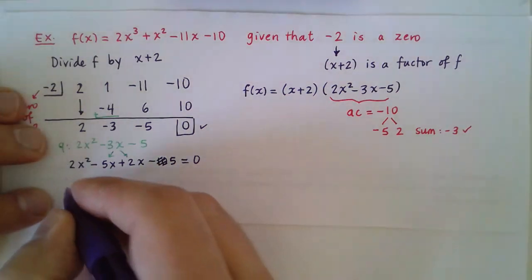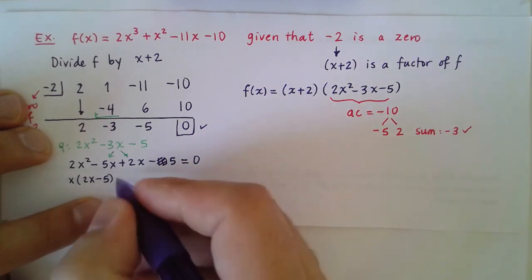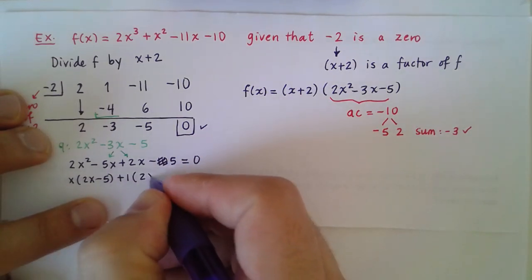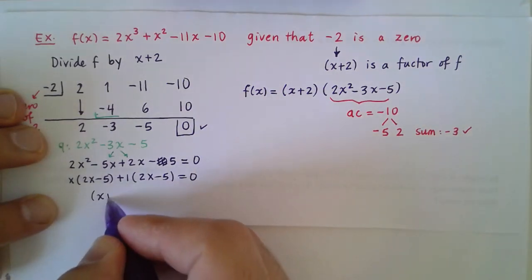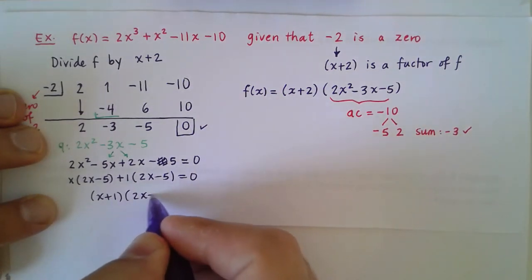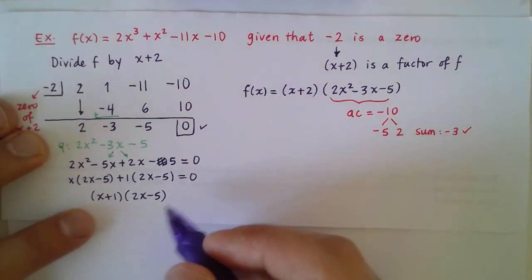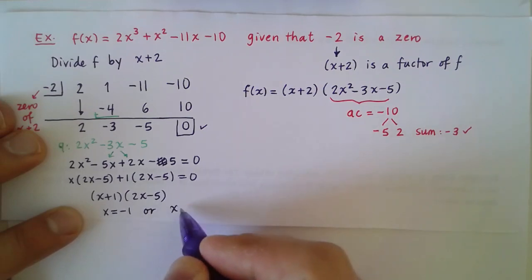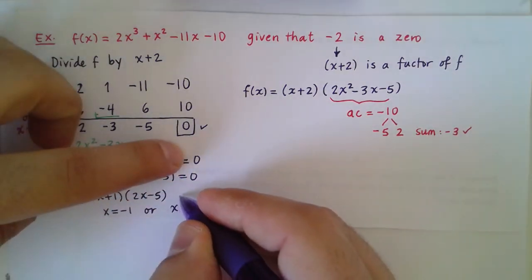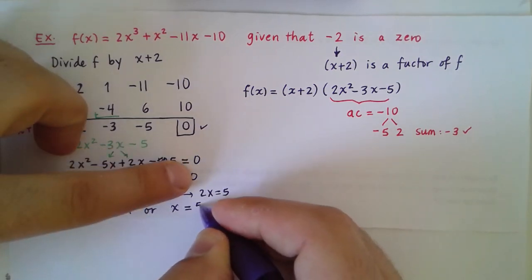You can factor out an x from the first group, which gives x times 2x minus 5. From the second group you can factor out a 1, so it's 1 times 2x minus 5 again. The factorization I got is x plus 1 multiplied by 2x minus 5. So you find the zeros then. From here we got x equals negative 1, or 2x equals 5, so x equals 5/2.